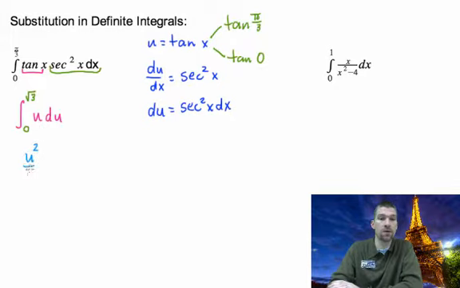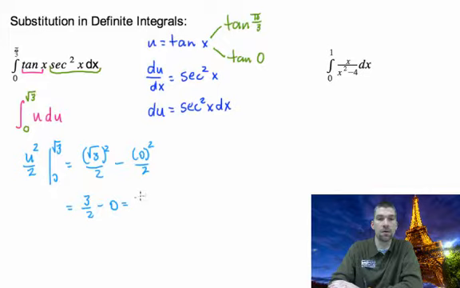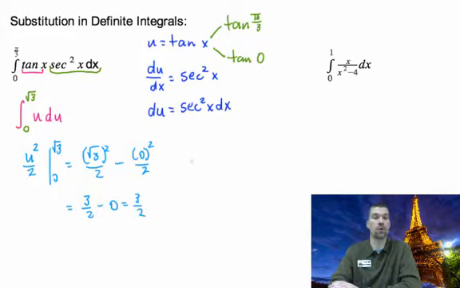u squared over 2 evaluated from 0 to radical 3. What does that mean? That means I evaluate this from radical 3 squared over 2 minus 0 squared over 2. And that gives us 3 halves minus 0, or 3 halves.